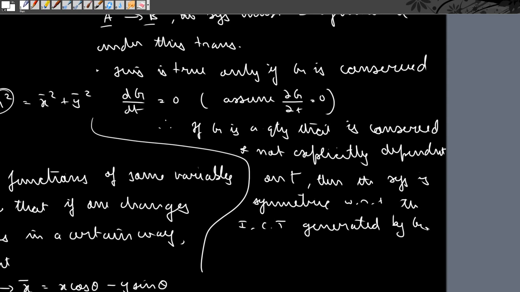Okay, and this is the connection between a quantity that is conserved and the corresponding symmetry of the system under the transformation which is generated by this quantity.